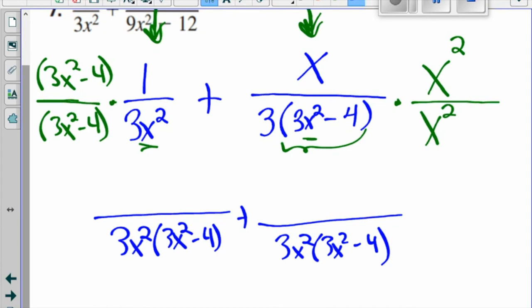So the denominators don't change because they're going to be the same, because, well, we can't do anything if they aren't. Now we can multiply the numerators. Well, 3x squared minus 4 times 1 as well. 3x squared minus 4.